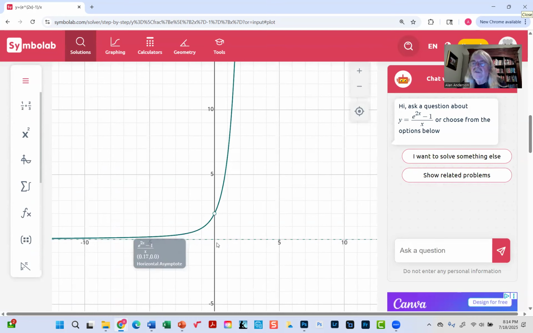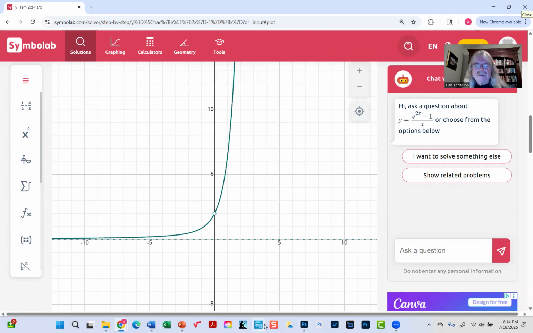So they're asking us for the limit as x goes to 0. And you can see, again, there's a discontinuity at the point (0, 2). But again, because the function is approaching that same point from both sides, that means this is, in fact, the limit as x approaches 0. Okay, so now it makes sense. Very good.